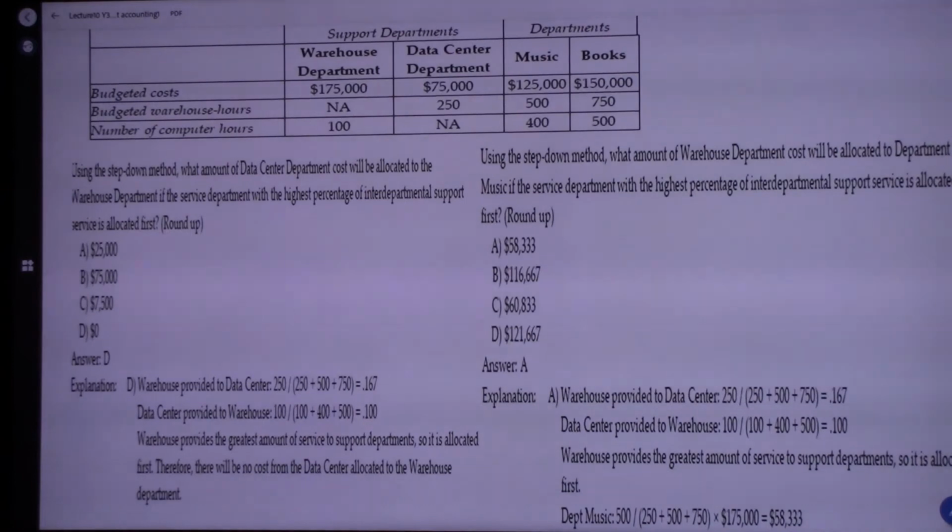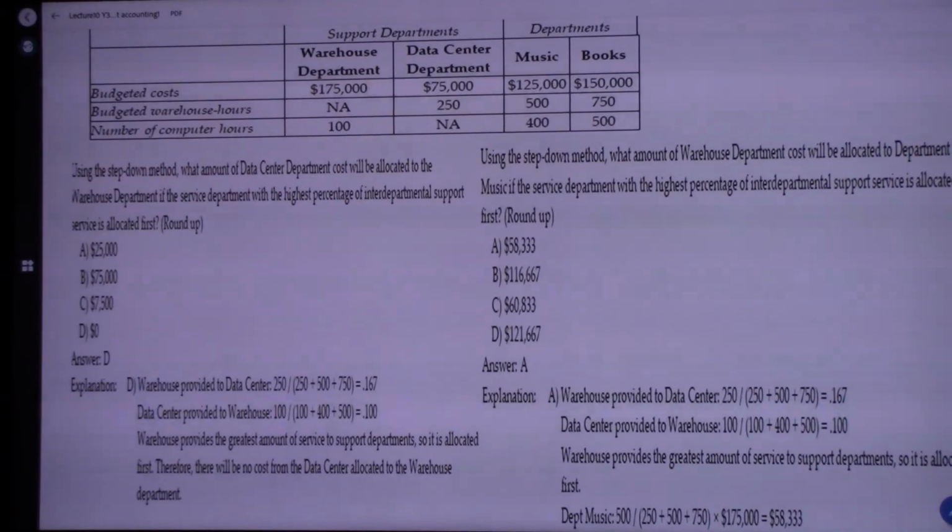The second question is asking you, what is the amount of warehouse department cost that's going to be allocated to the music department? To answer such a question, I don't have the allocation ratio, so I'm going to calculate the allocation ratio. How?